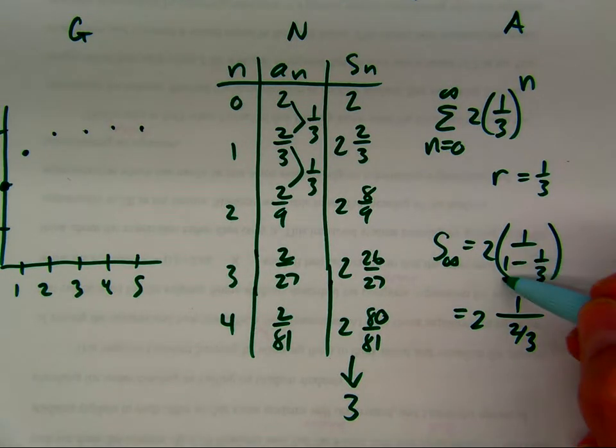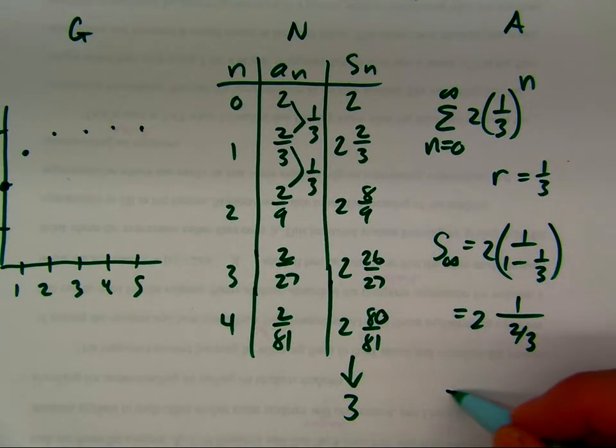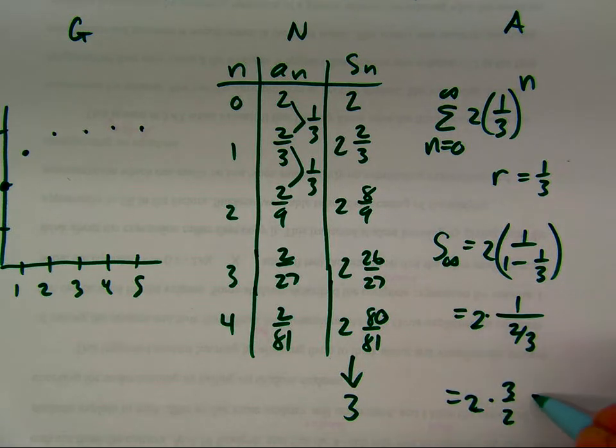Two over 1 minus 1/3 is 2 over 2/3, and then we will multiply by the reciprocal, so we get 3.